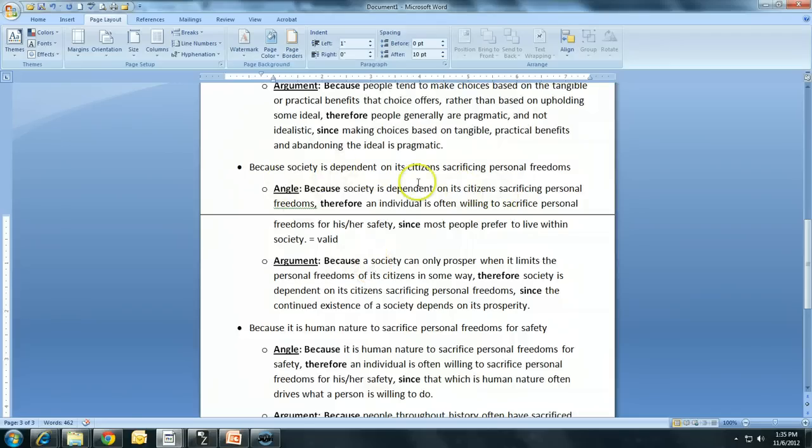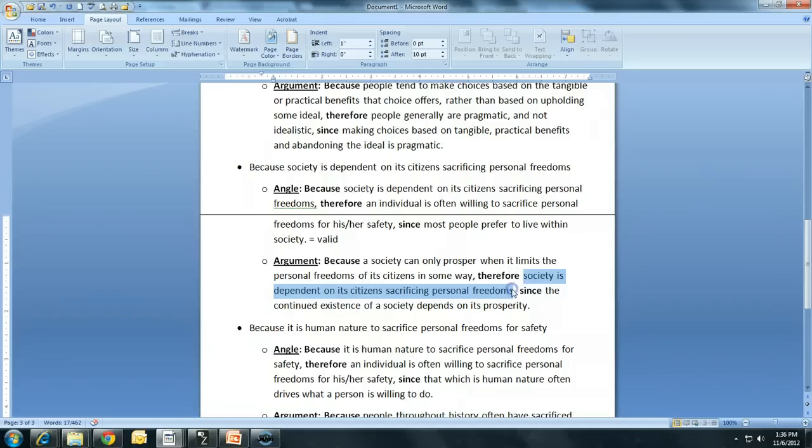So society is dependent on its citizens. Why? Well, it's because a society can only prosper when it limits the personal freedoms of its citizens in some way. Therefore, society is dependent on its citizens sacrificing personal freedoms, since the continued existence of a society depends on its prosperity. See how I've connected my support and my logic, my support talking about the only way in which society can prosper.